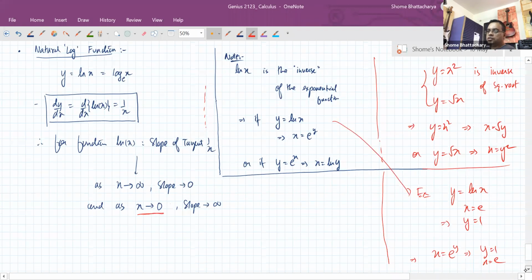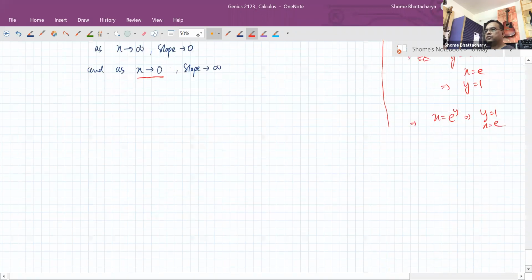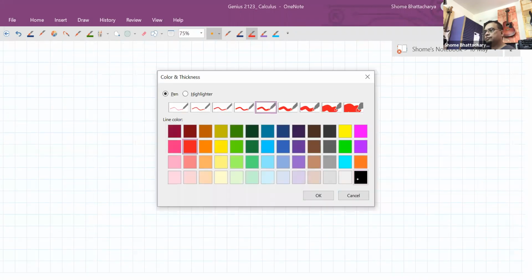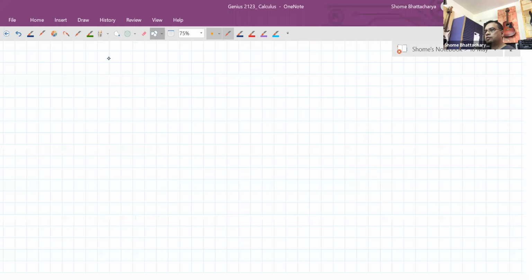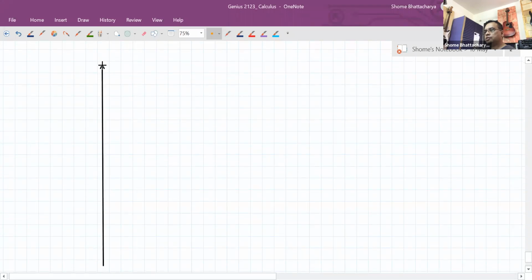Okay, so let's understand this in terms of the graph of the exponential function. Just a second, I didn't take down the note for the exponential function. Can you just scroll up once? Okay, I'll scroll up just a minute.